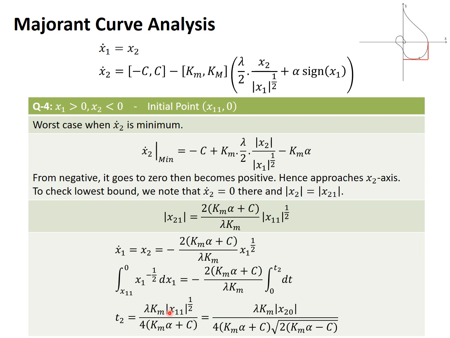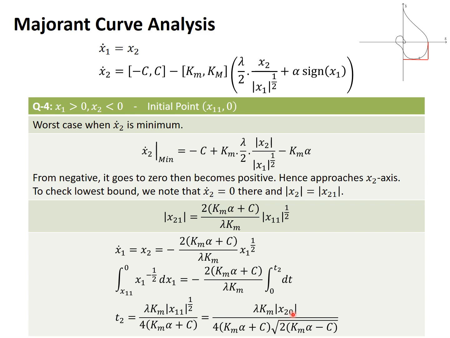Then we replace x11 to the power of half with x20, because in the last slide you had a relationship between x20 and x11 to the power of half. That relation has been put here. So t1 that was calculated in terms of x20, now t2 is also calculated in terms of x20.